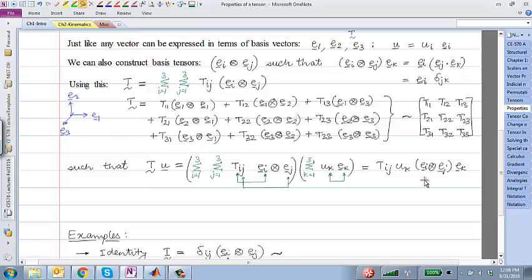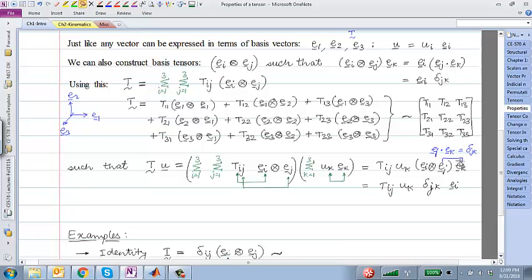And the operation between EJ dot EK, what is that? That is EJ dot EK is delta JK. And I should maybe write that out explicitly. So Tij UK delta JK and in the direction of EI.